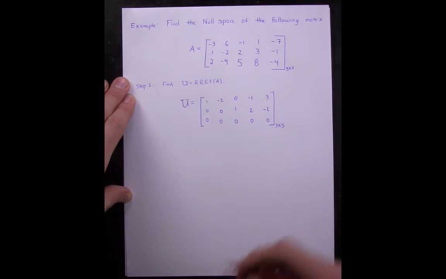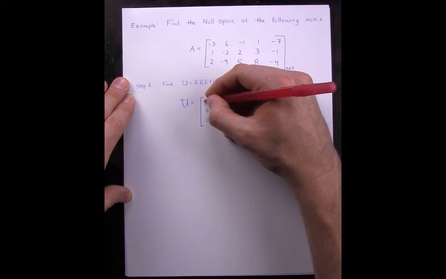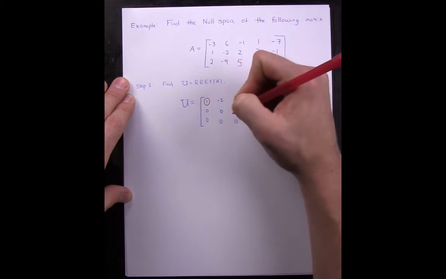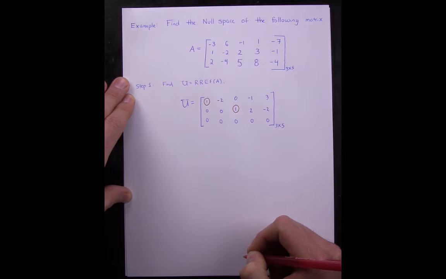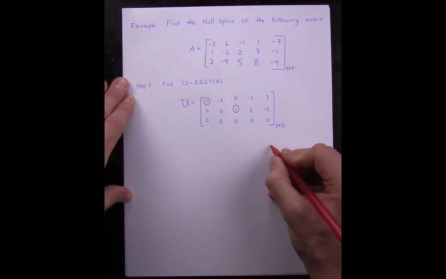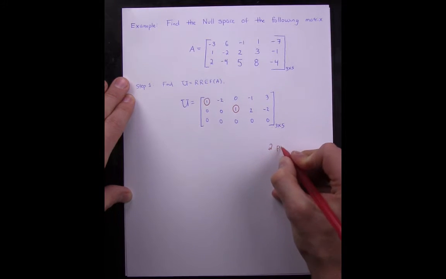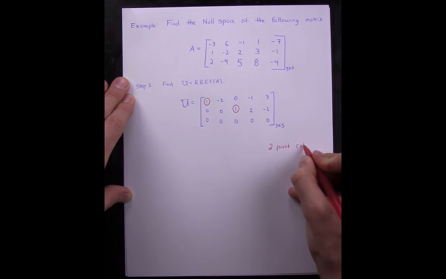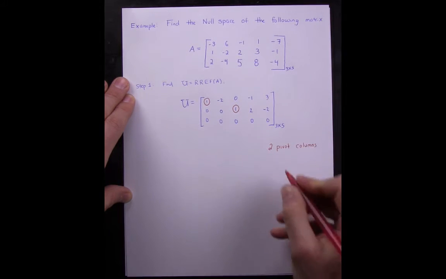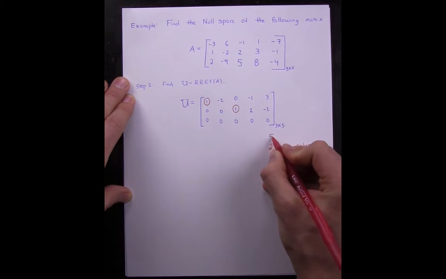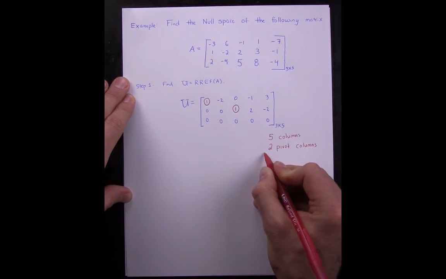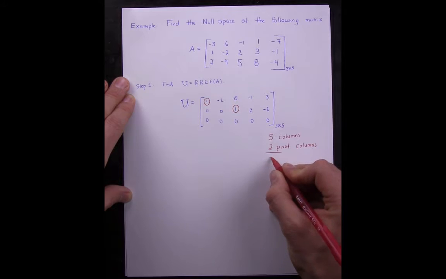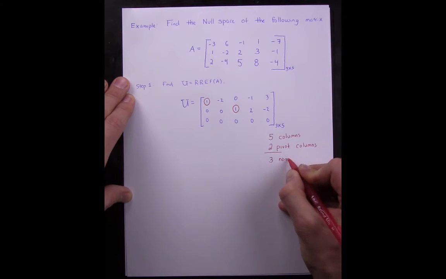Also, we note that the first column of U and the third column of U are pivot columns. We see that there are a total of 2 pivot columns. Because we started with a total of 5 columns, we can immediately calculate that there will be 3 non-pivot columns.